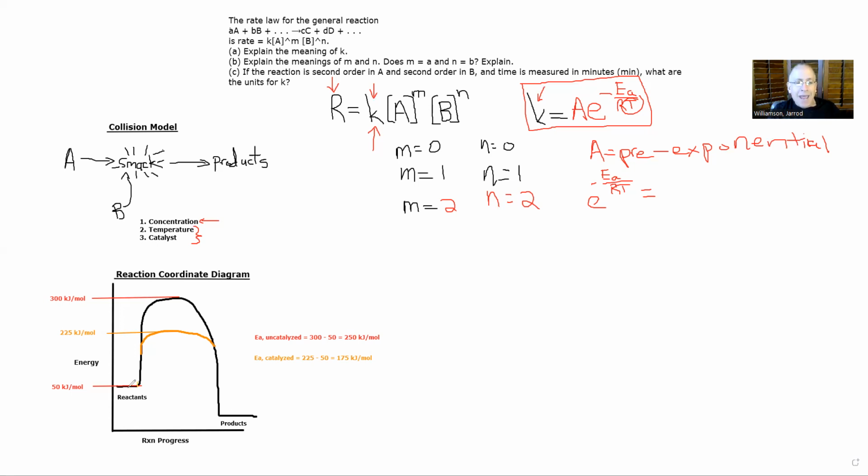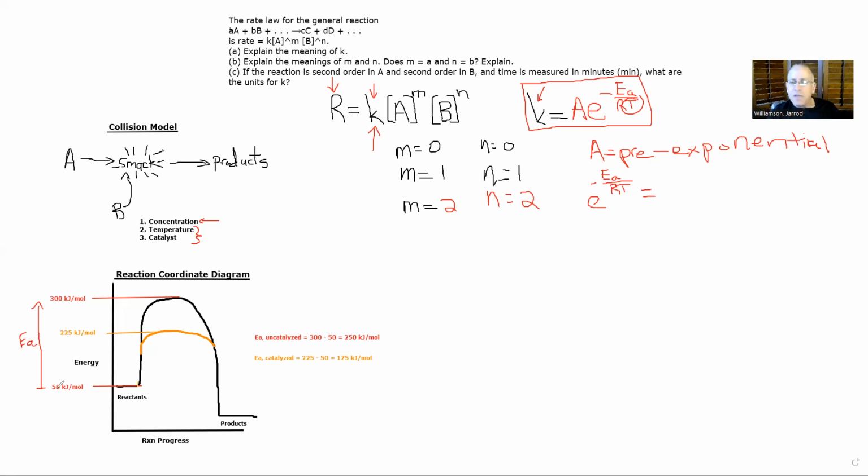To make A and B turn into products, they have to collide hard enough to get over this activation energy barrier. And in this example, they have to collide with this much activation energy.